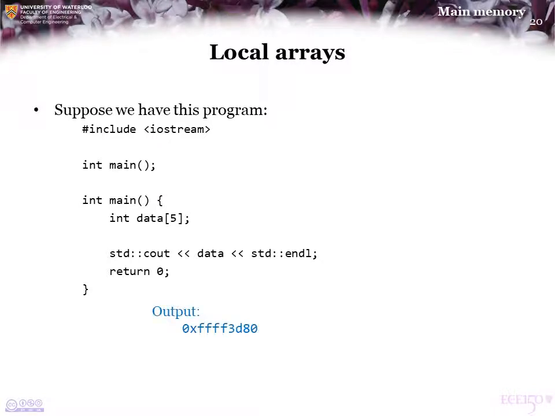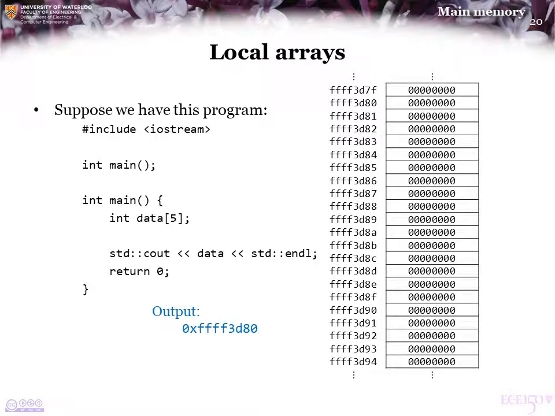Suppose you execute this program and you see what the value of data is. Well, it has this particular address. I'm assuming we're running this on a 32-bit processor. However, if you were running this on a 64-bit processor, you could just add an additional 8 Fs to the left of this value.